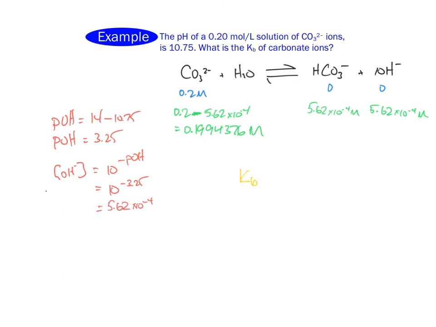And of course, Kb is the product of the products, their concentrations, of course. So that's going to be 5.62 times 10 to the negative 4 squared, because we're multiplying them together, all divided by the concentration of the carbonate ions later on, which is 0.1994376.